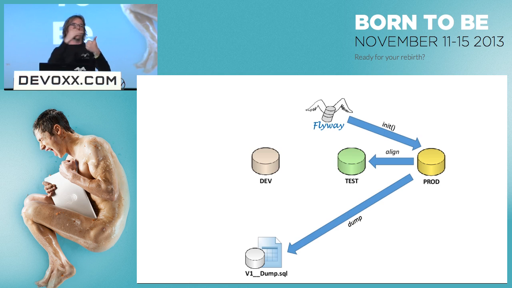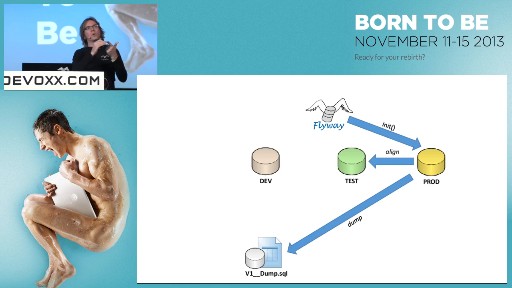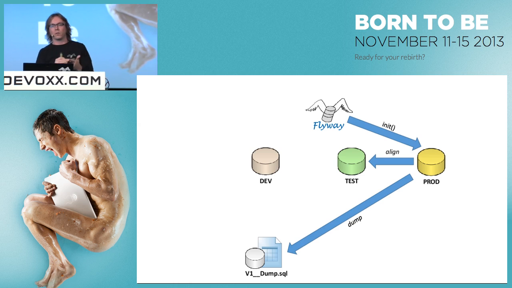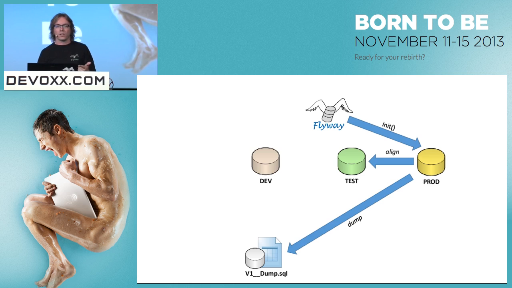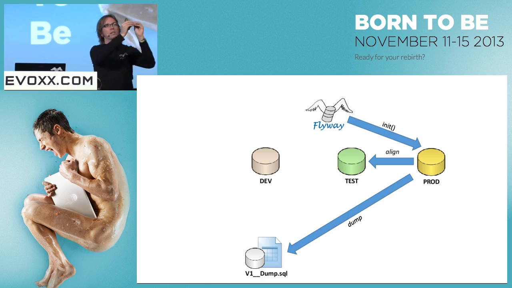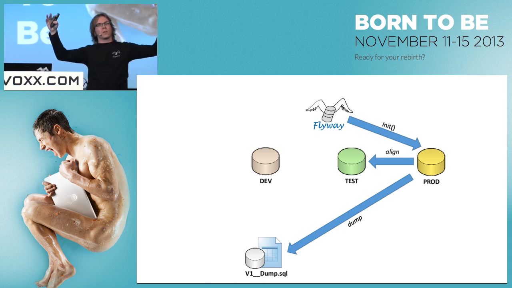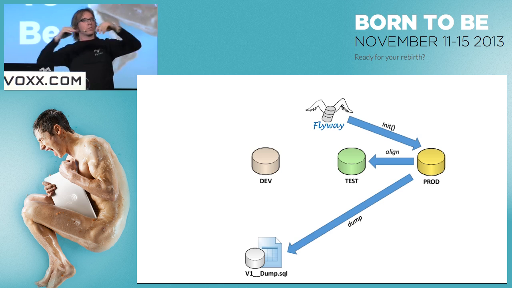So we dump whatever structure of the tables we want to have managed by Flyway and whatever reference data we want Flyway to manage. Once the dump has been performed, we call Flyway init on the production database. What this does is it creates the metadata table and will tag the database as being in a certain version. So it adds a special row to this table that says you're in version 5.